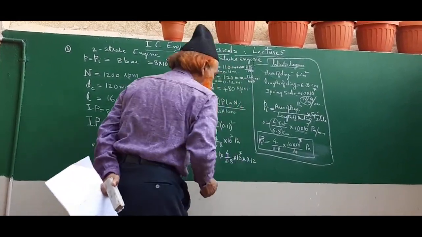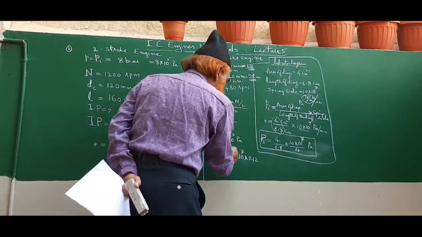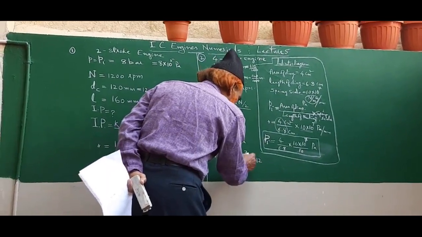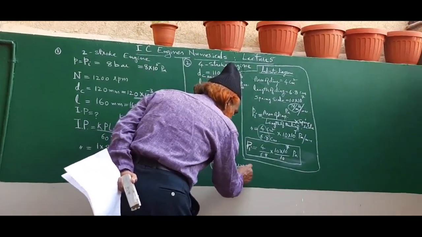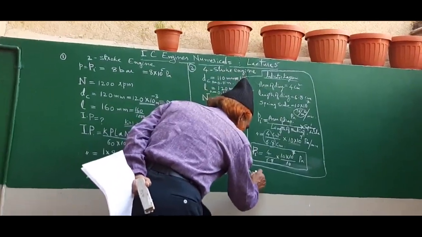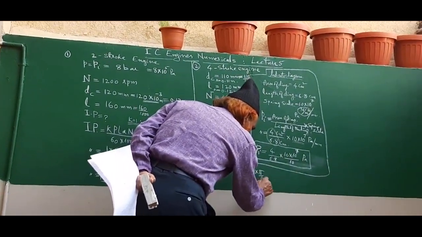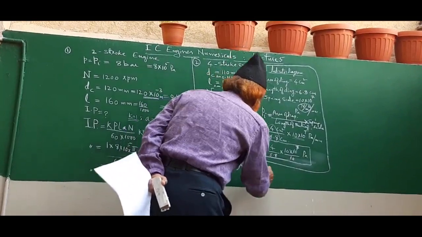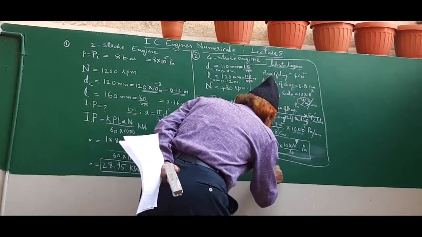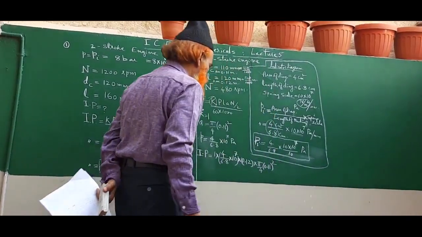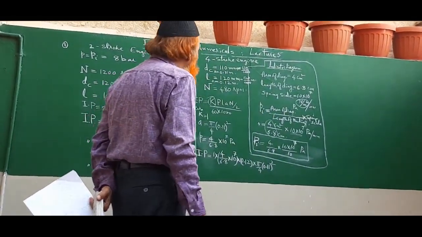If you want to show it in a separate bracket, you can show it. This is one value, this is another value. Then A is pi by 4 DC square, that is 0.11 square.